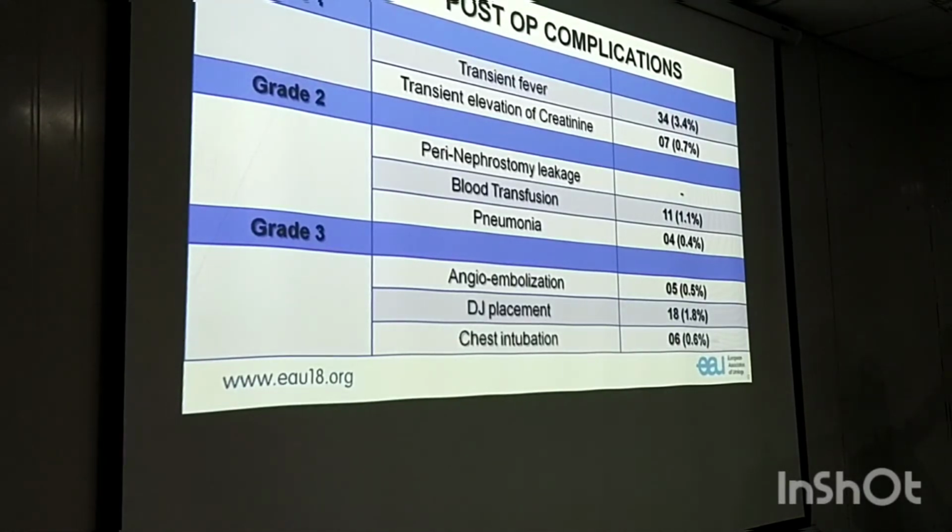Transient fever was most common at 3.4%, then elevation of creatinine, which is transient as we give trauma to the kidney, at 0.7%. Then blood transfusion 1.1%, pneumonia 0.4%.